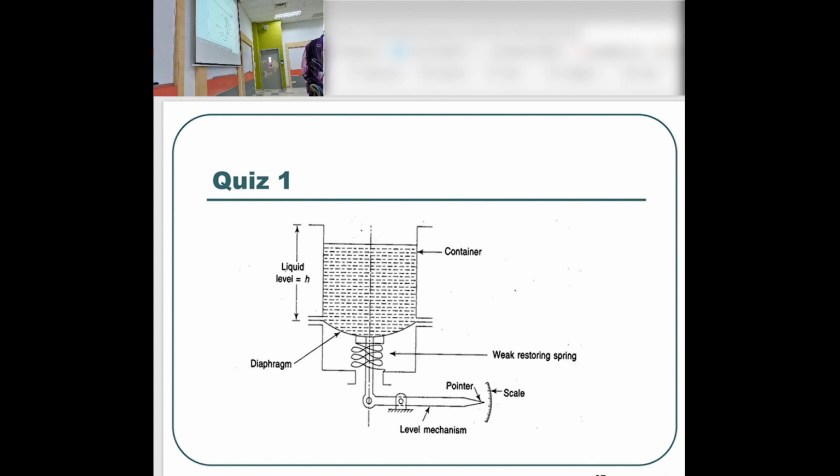What do you think? Remember the definition of a sensor? It converts the physical motion into something that we can recognize. What do we want to measure right now? We want to see the liquid level.